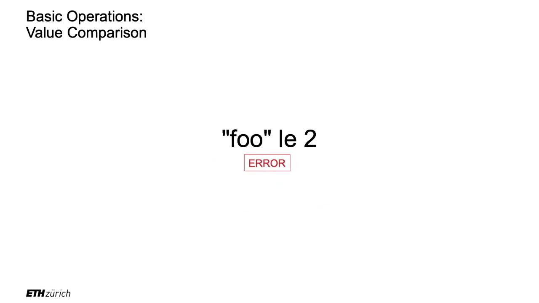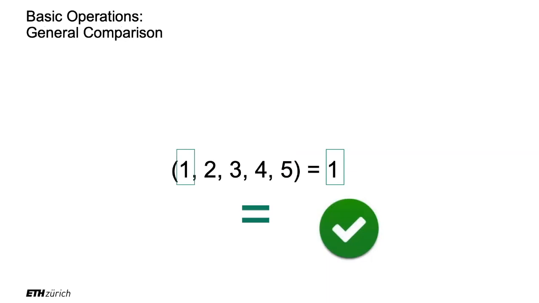If you try to compare a string to a number, again, that's an error. This is different from MongoDB. In MongoDB, you could always compare cross types, but here that's an error. Now, why are we using EQ, LT, LE, and so on? This is because the actual signs that you usually find in languages have superpowers. They have superpowers because they actually work on sequences. What they are doing, if I want to sound fancy, is an existential quantification on the sequences.